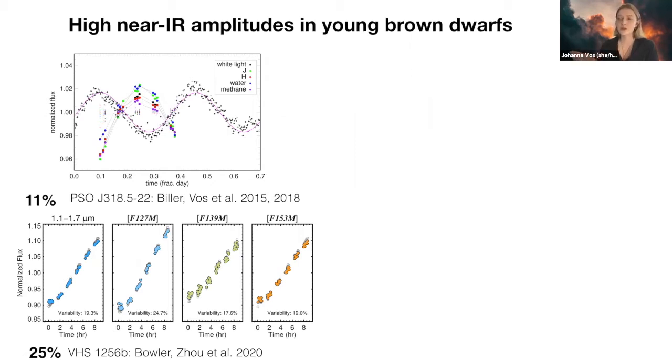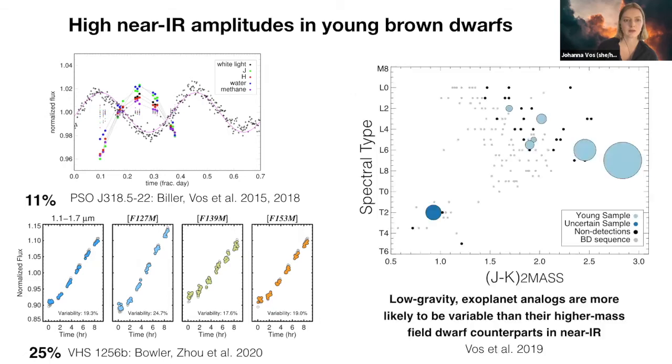Then on the bottom, I'm showing you a discovery from this year, in which they detected an amplitude of 25% variability in the J band, which is absolutely huge for this late L intermediate mass companion. In 2019, I carried out a variability survey, and this has been the only actual survey that has been carried out so far on low gravity objects.